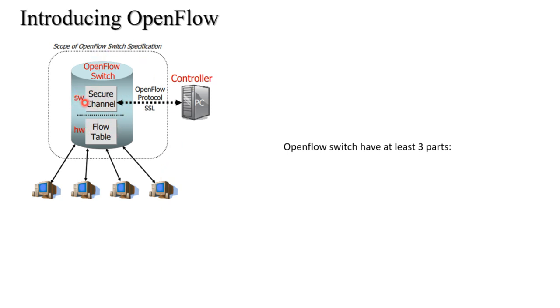This is the OpenFlow switch, and in the OpenFlow switch there are two different parts: first is the software part, and second is the hardware part. The OpenFlow switch contains three parts actually: first, second, and third.